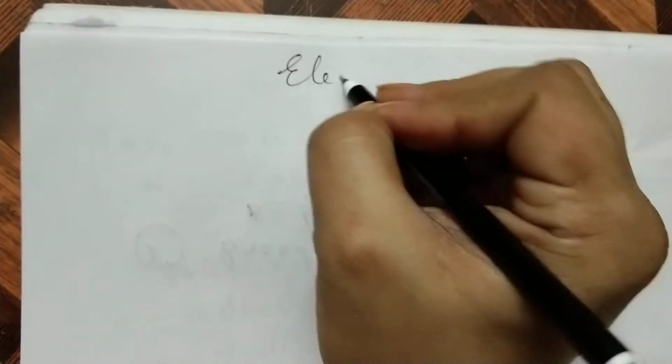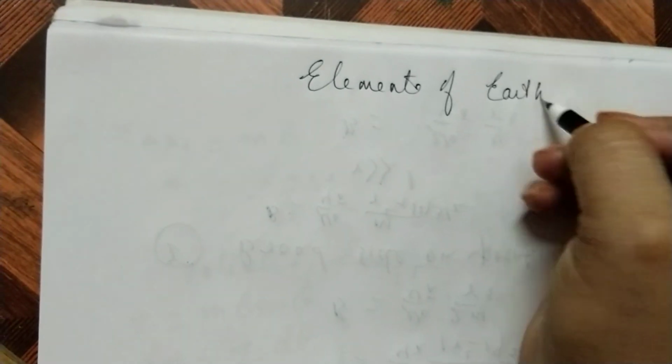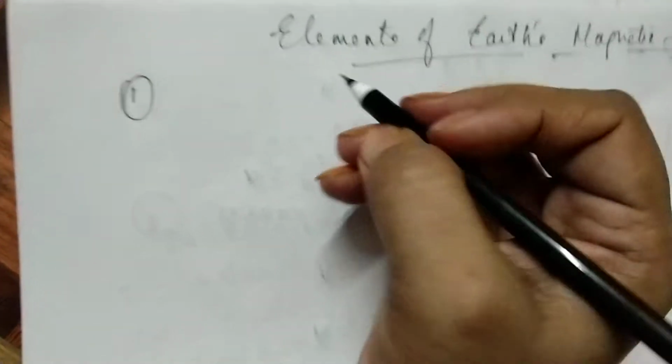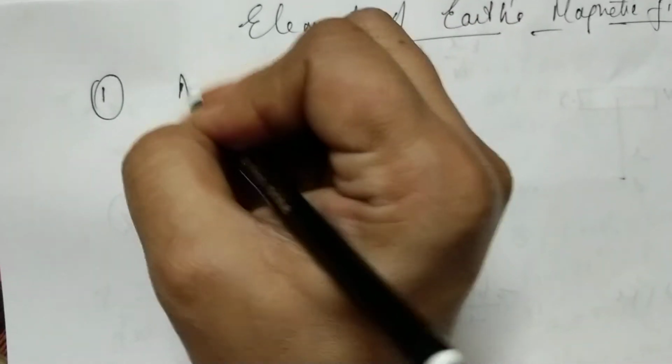Students, today we will be doing the elements of the Earth's magnetic field. So today's topic is elements of Earth's magnetic field. Now when we are dealing with the elements of the Earth's magnetic field, we know there are three elements. One is what we call the angle of declination.